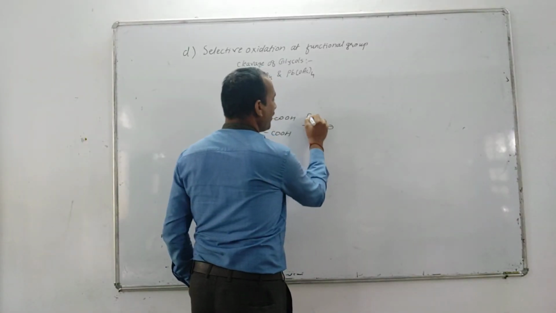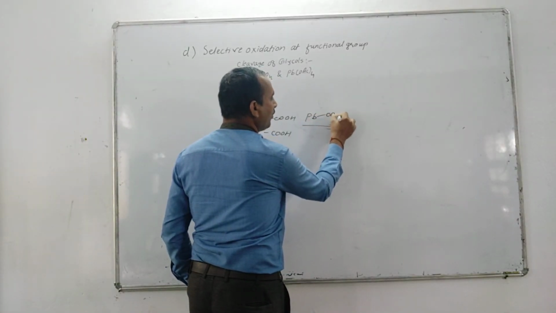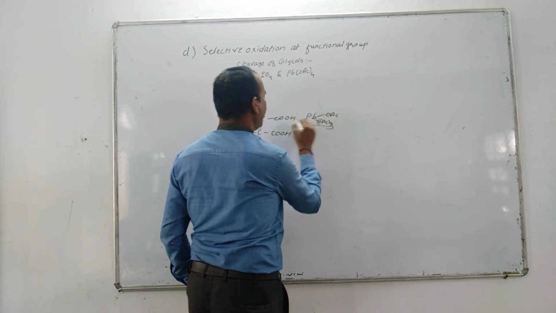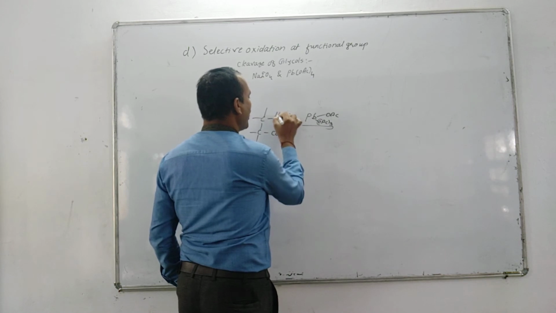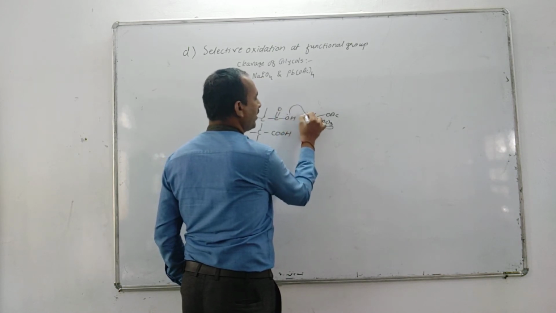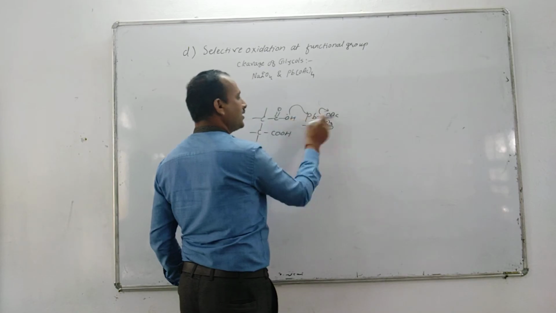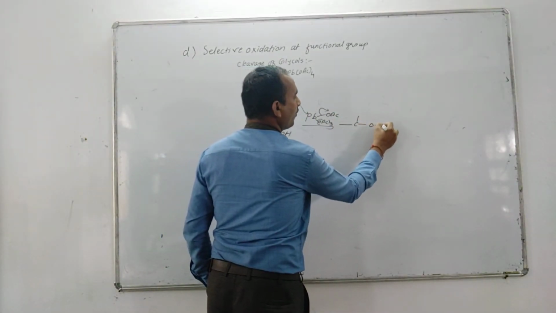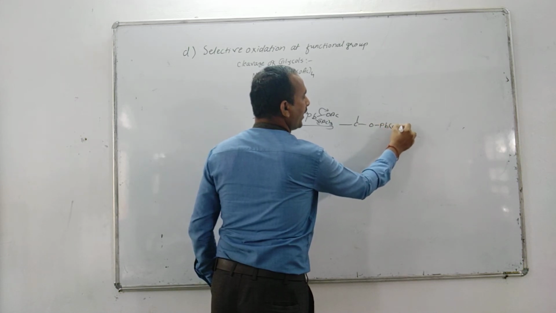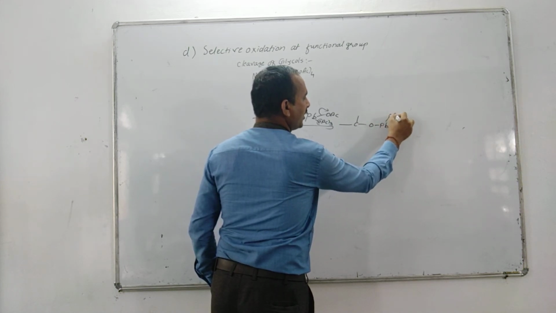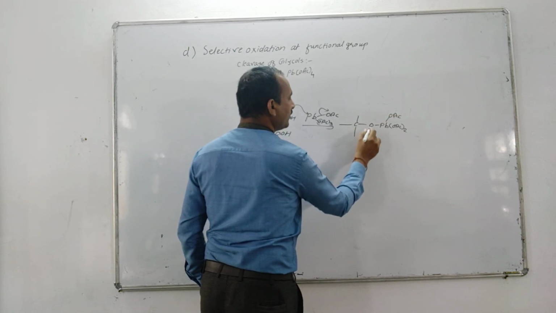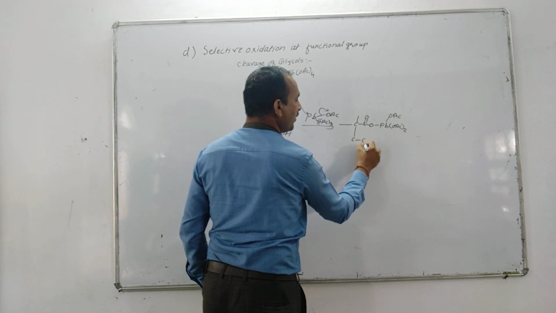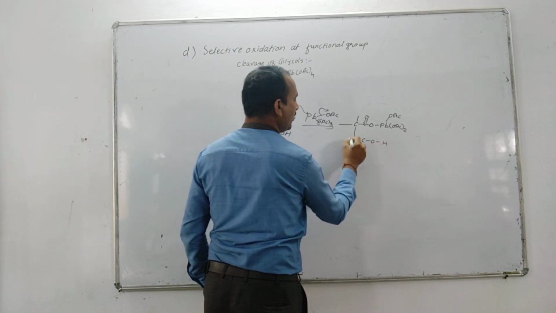So let's see here, Pb OAc thrice. Again the C double bond O carboxylic acid and OH, the lone pair attacks and OAc is lost. This OAc takes the proton, it becomes O Pb OAc twice. There are 3 OAc. Again C double bond O, C double bond O OH.